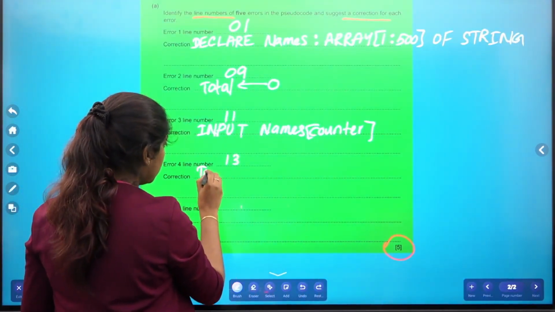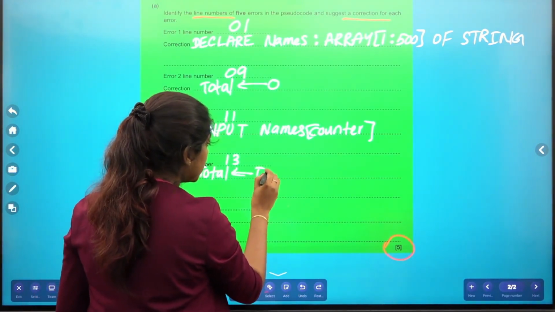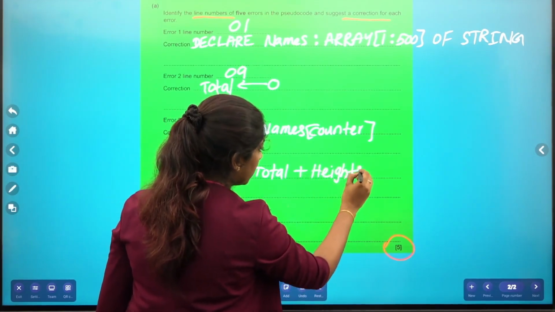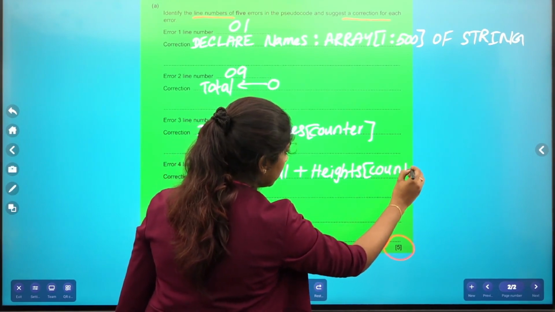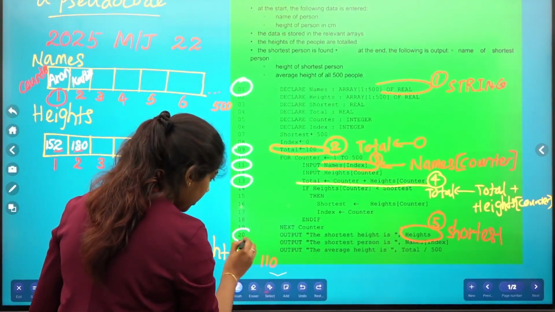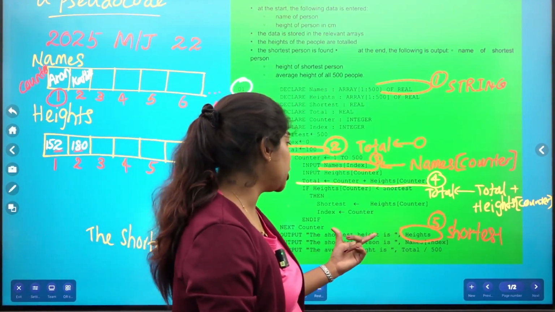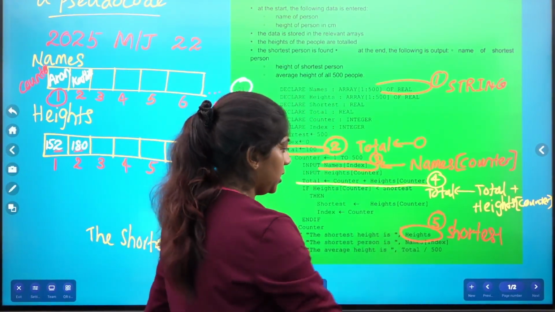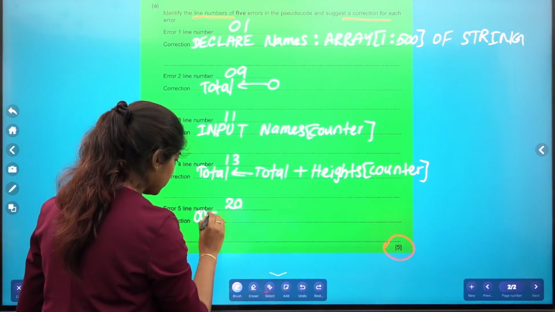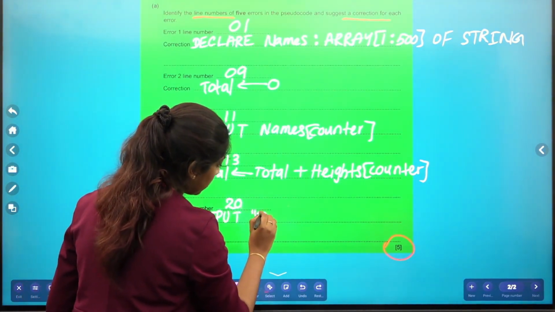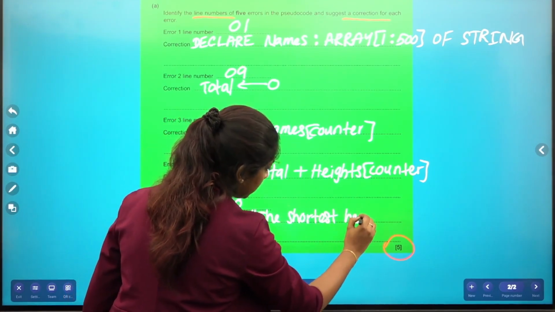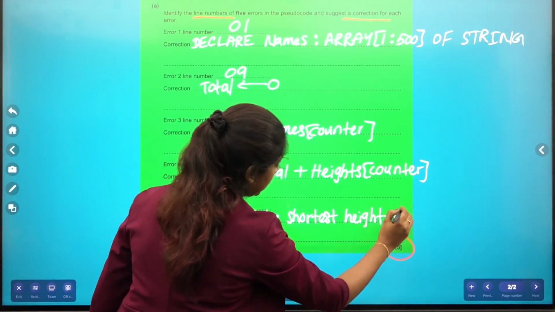Okay, the last error is line number 20, and that has to be output the shortest height is shortest, not heights.